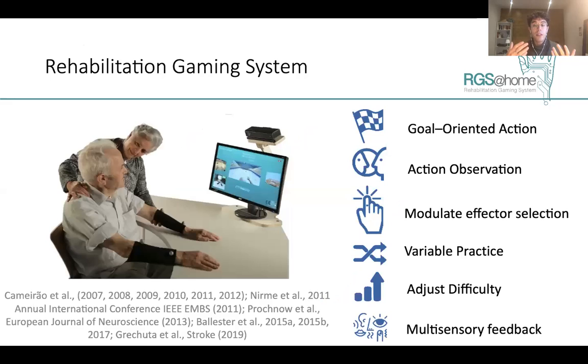For instance, now we know that practice should be goal-oriented, that it must include action observations, for instance, through the use of virtual avatars, and we have conducted studies that analyze how can we promote this embodiment towards virtual avatars. They should modulate effector selection, for instance, encouraging participants in an implicit or explicit way to use their affected limb and not only compensate by the use of their healthy arm.